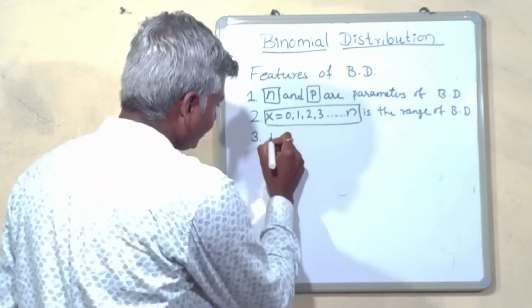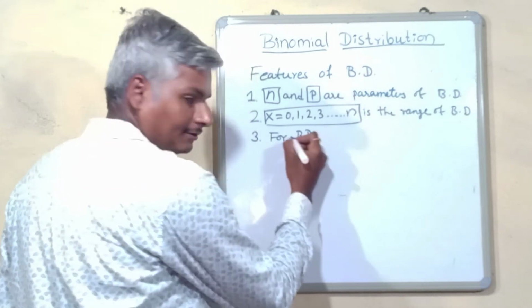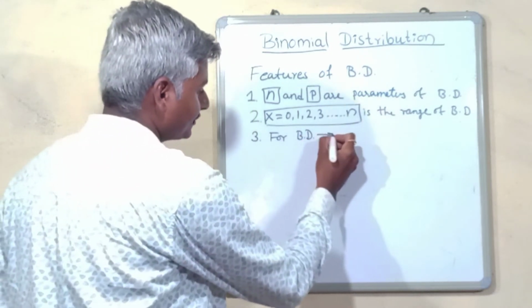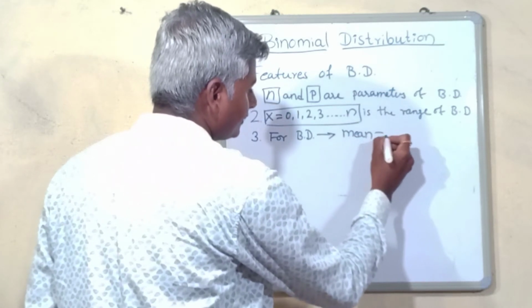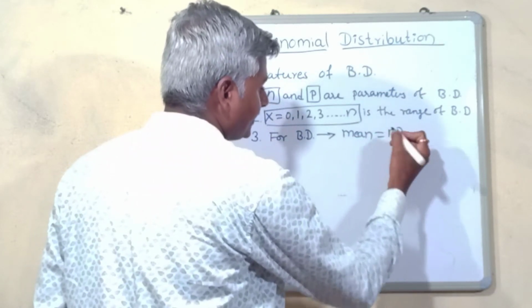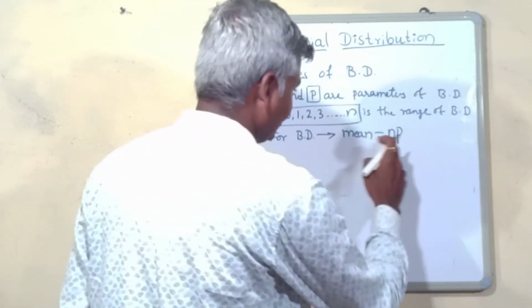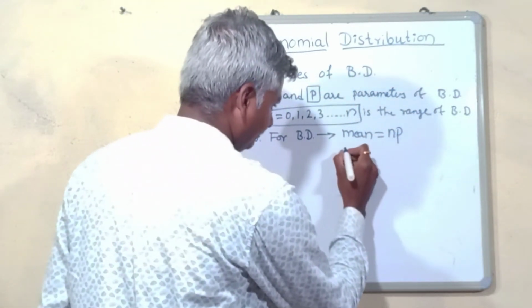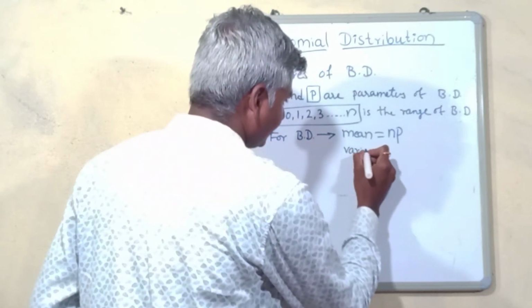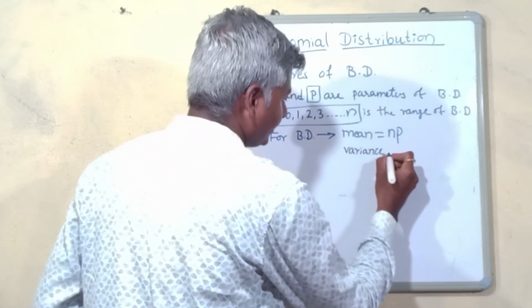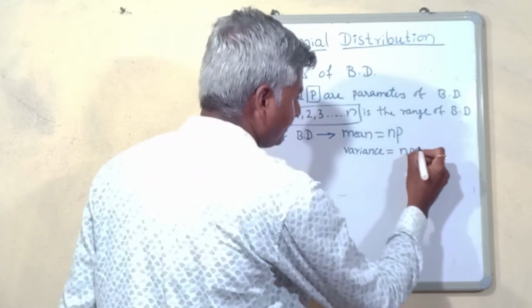Then the third feature of binomial distribution, I will write in short: the mean equals n into p. Then variance equals npq.